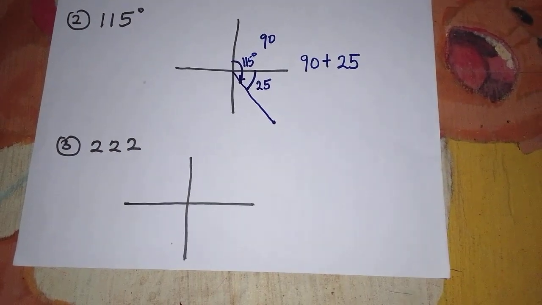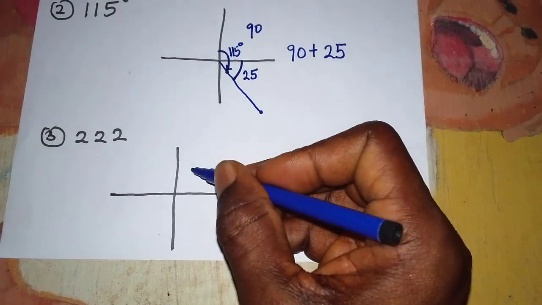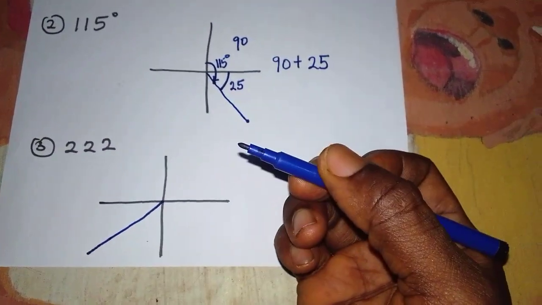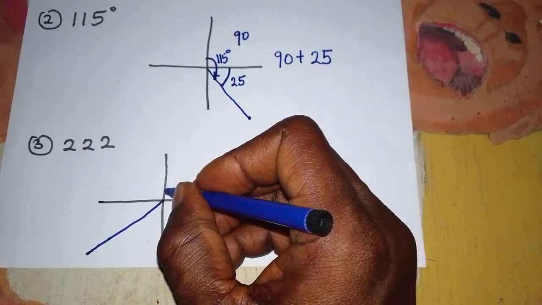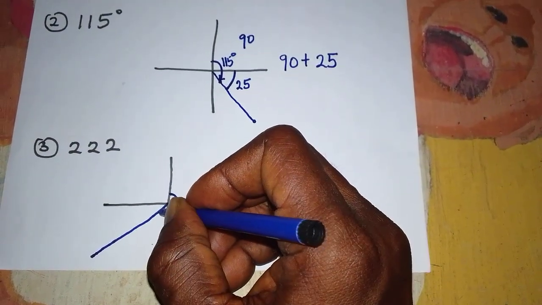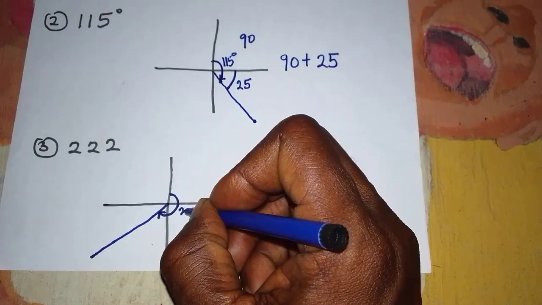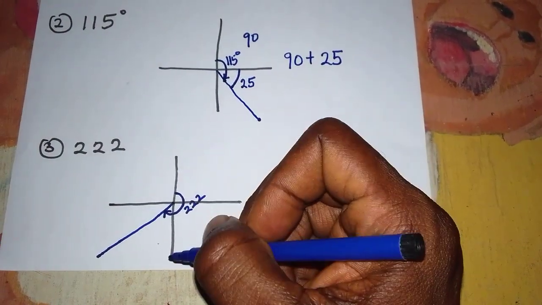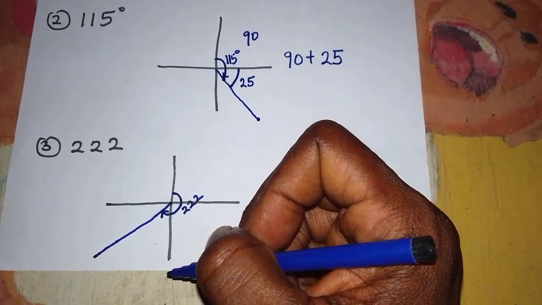So it means this angle 222 is in the third quadrant. So 1, 2, 3. This is the third quadrant. If we rule this line here, it means from the north up to where this line is, is 222 degrees. So you can break this down into the quadrants.